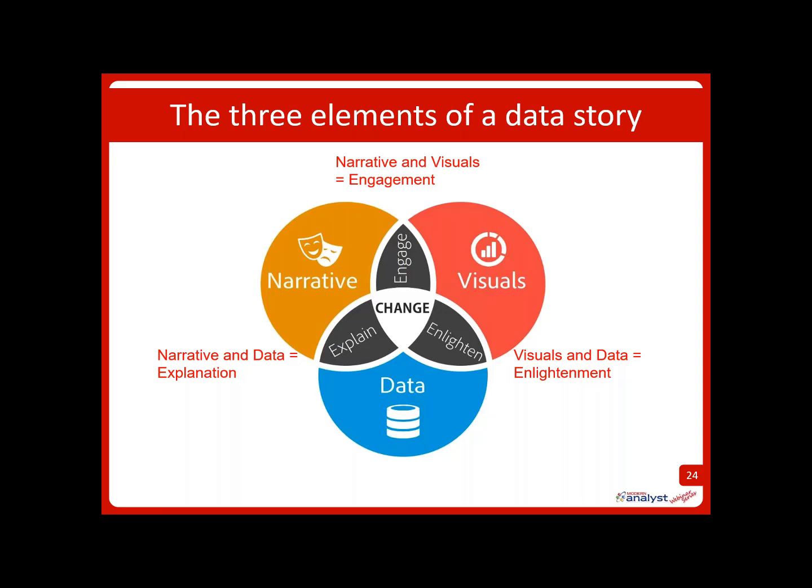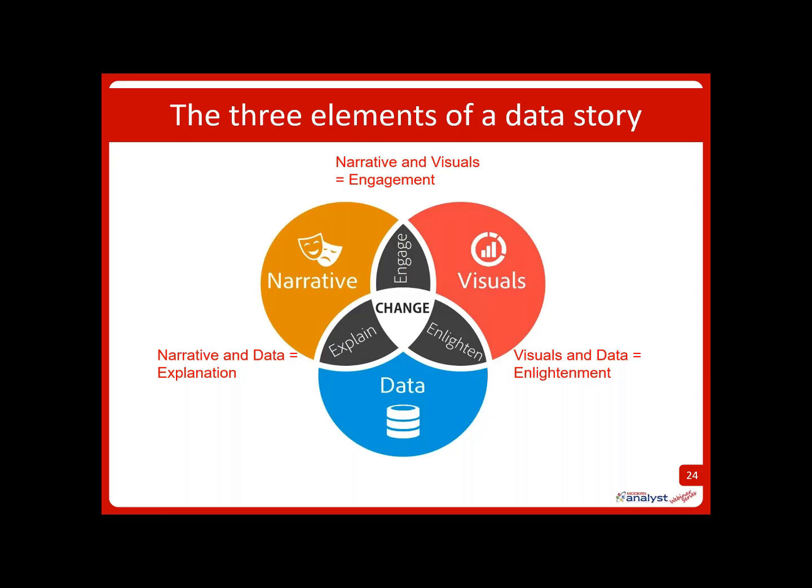If I combine the visuals with the data, that produces enlightenment. Here is the data that we're talking about, and this is what it looks like. I can give you a spreadsheet full of numbers and say, where's our problem here? But if I graph that, suddenly one pops up very high over the others, and there's the problem.